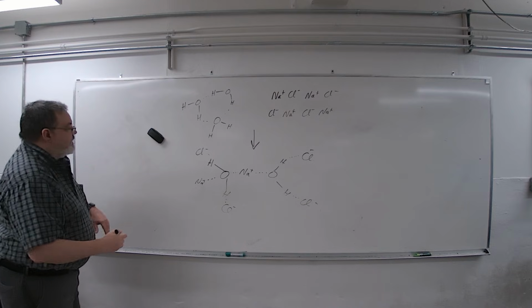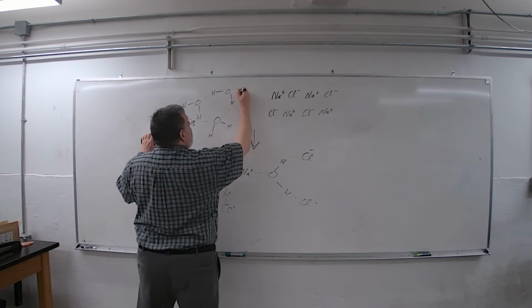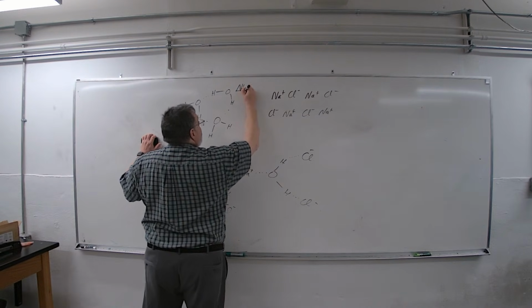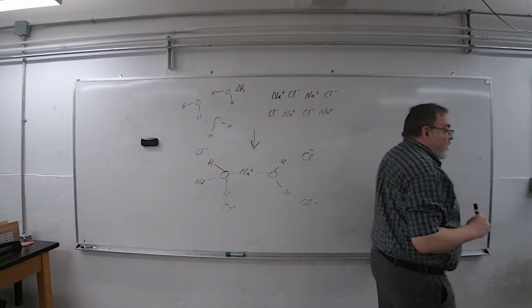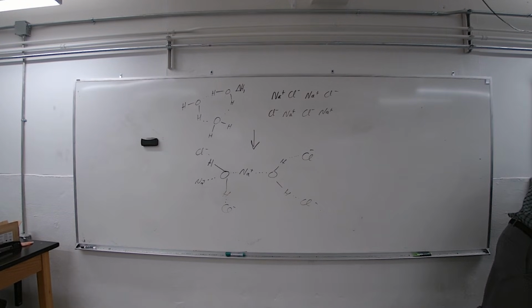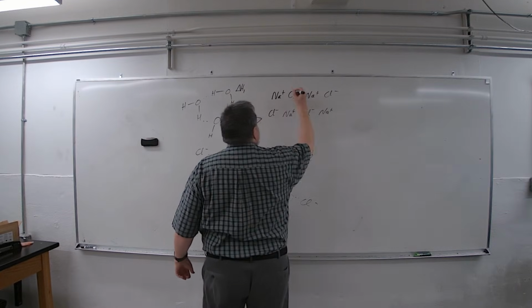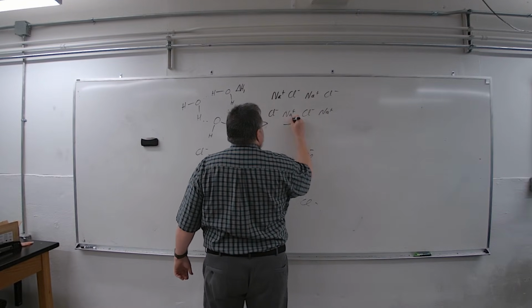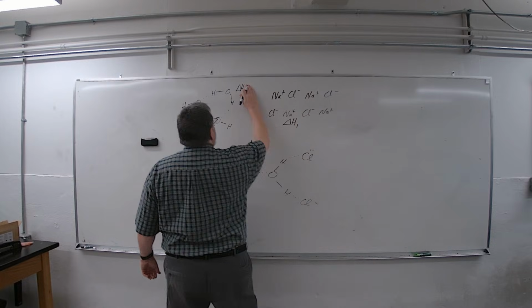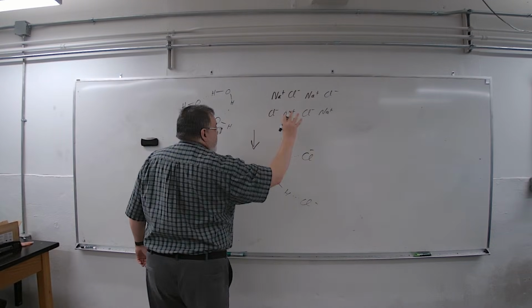If I diagrammed it, if I said this coming out is delta H1, well, I'll do it the way my slide has it. Pulling these apart is delta H1, the amount of energy it takes to pull those apart.